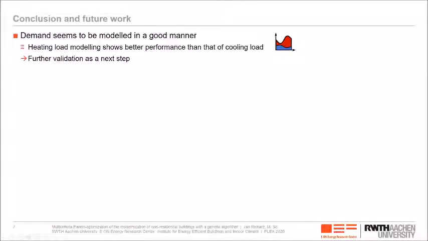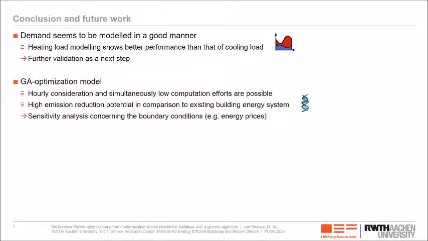Summarizing our work done so far, we see that the demand seems to be modeled in a good manner, and a further validation is one of our next steps. The GA model also performs well and reveals high emission reduction potentials. In the future, we will examine the influence of the boundary conditions.